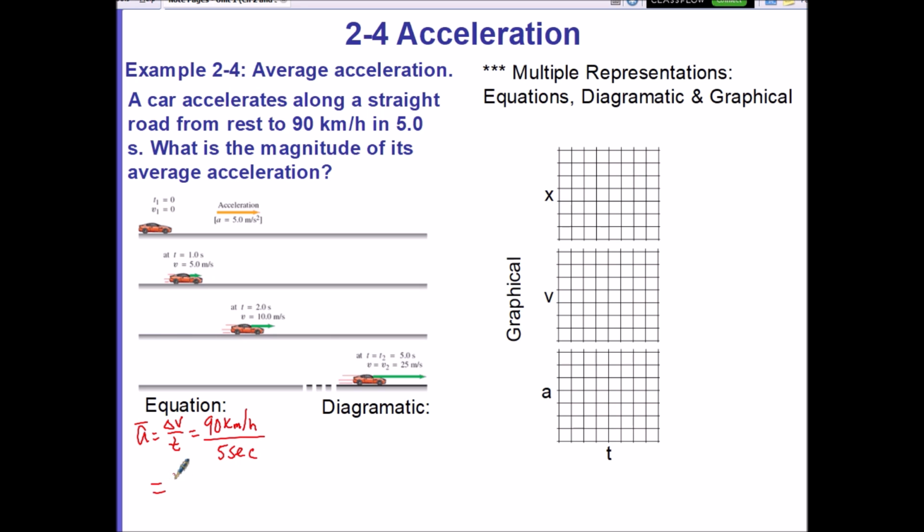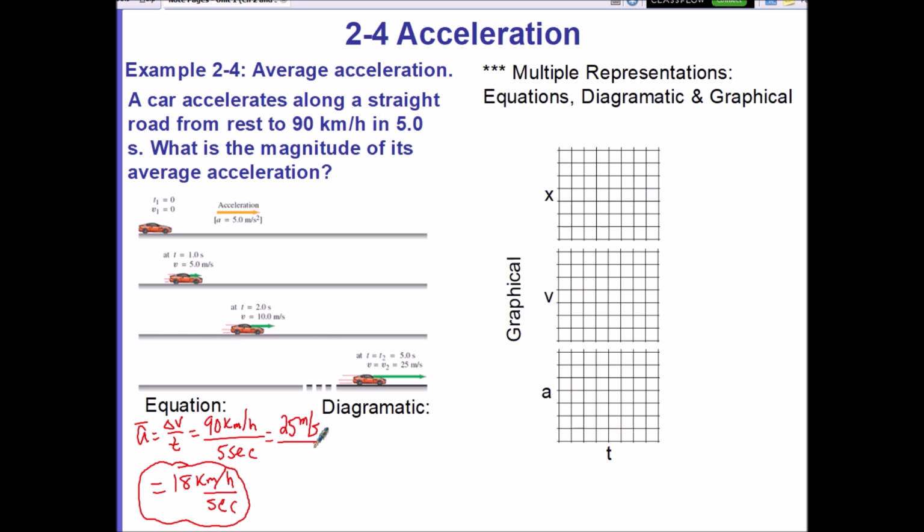It just turns out to be 18 kilometers per hour per second. Since I don't have the same time unit there, I'm not going to use any squared units, just kilometers per hour per second, and that's fine. Now, if you want to write that in SI units, which might be preferred, not necessary, but you might prefer to do that, 90 kilometers per hour, well, if you think about it, there's 1,000 meters in a kilometer and 3,600 seconds in an hour, so effectively just divide that 90 by 3.6, and you'd get that is 25 meters per second.